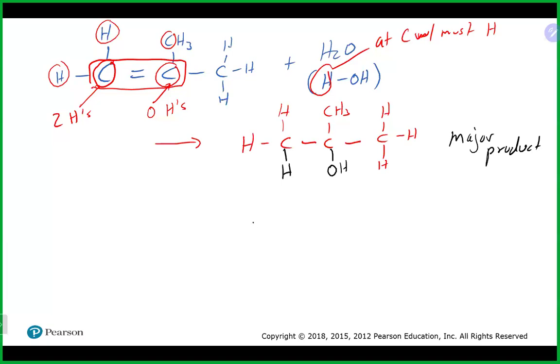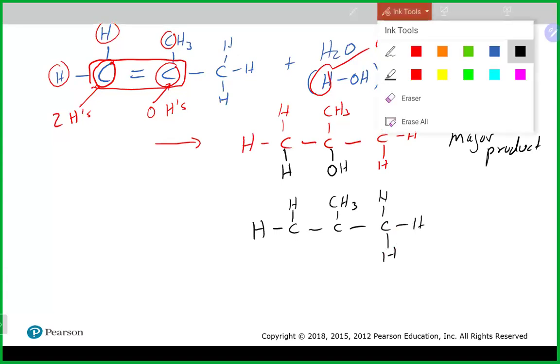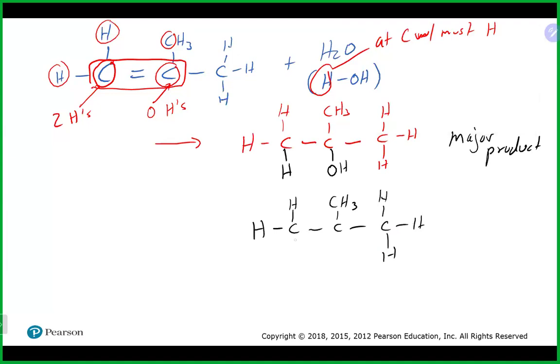Now, if you did it the other way, and I'm just going to redraw it, which is your other option. And you added the water in sort of the opposite way, put the OH here and the hydrogen there.